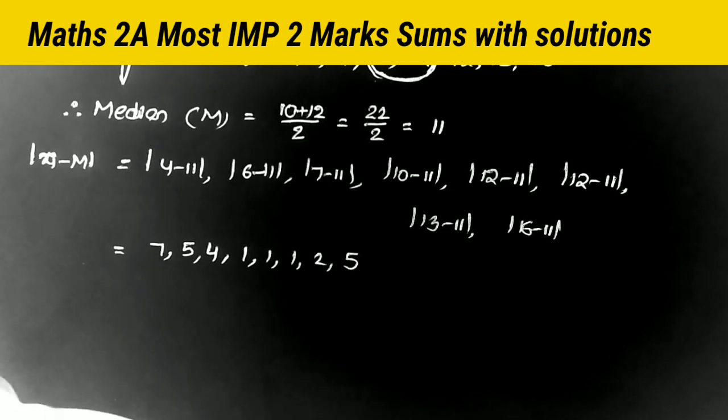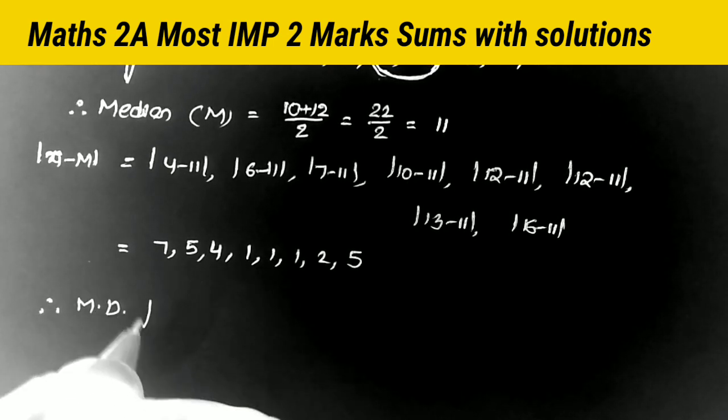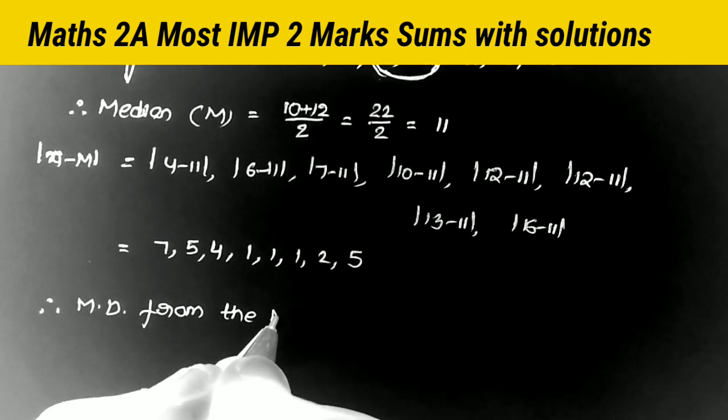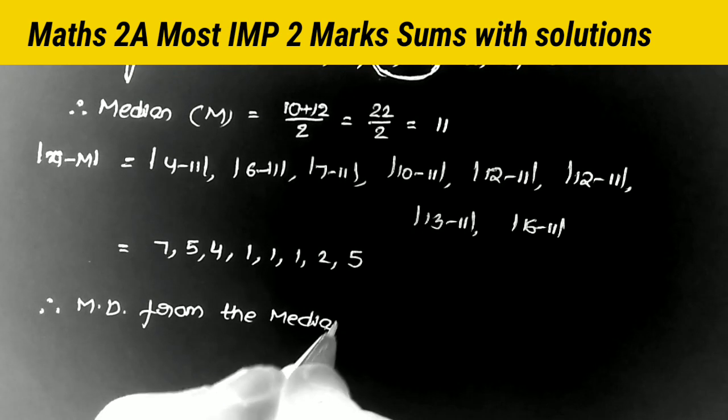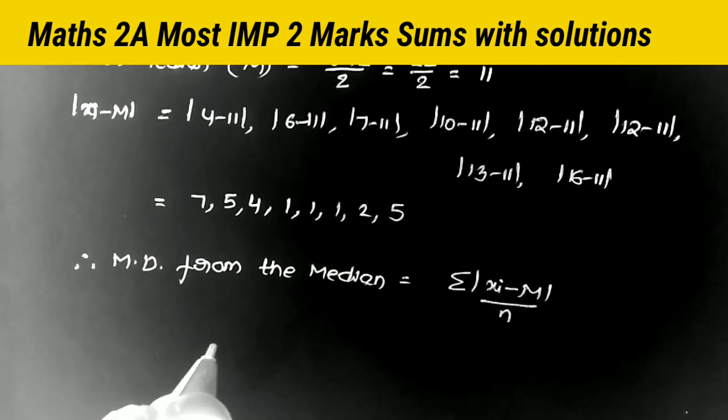These are the deviations. Therefore, mean deviation from the median is equal to sigma modulus of xi minus M divided by n. Here also n is equal to 8, since we have 8 observations.